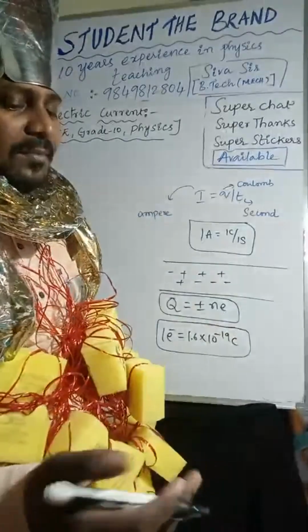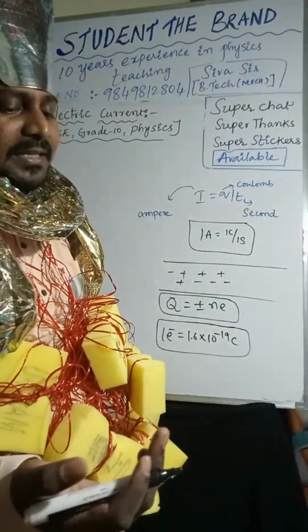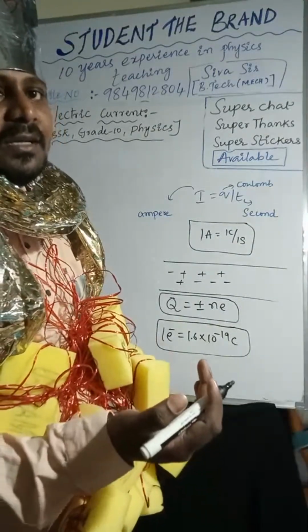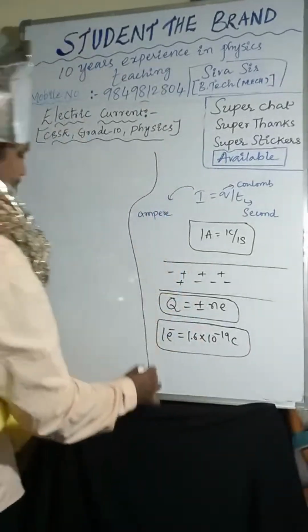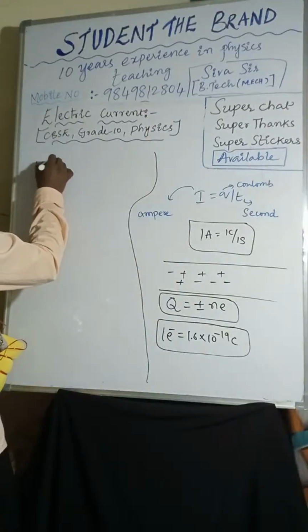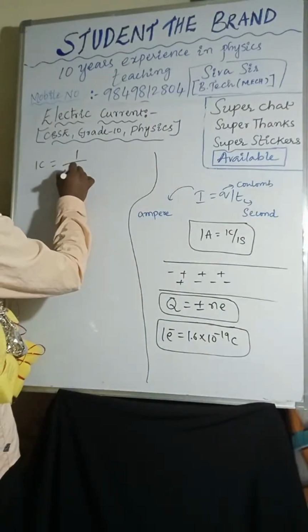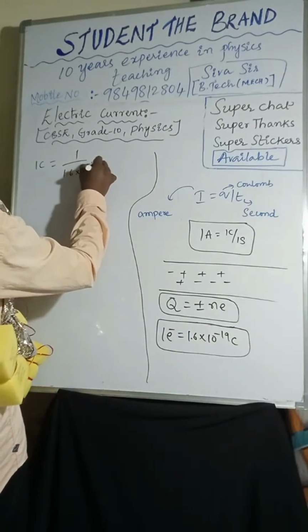In 1 coulomb, how many electrons are present? We will discuss now. In 1 coulomb, 1 by 1.6 into 10 power minus 19.